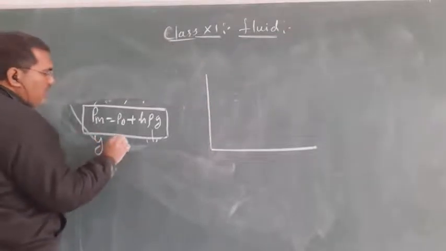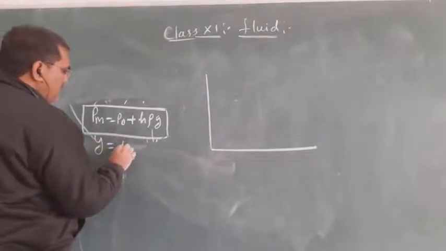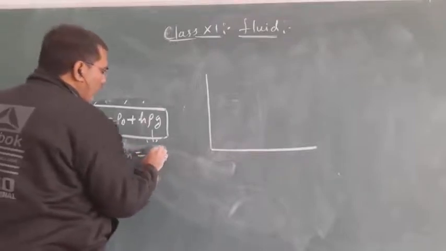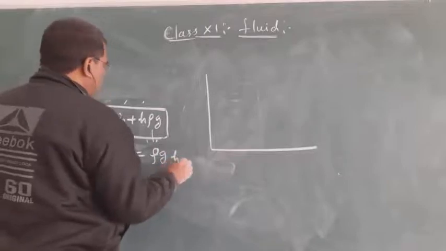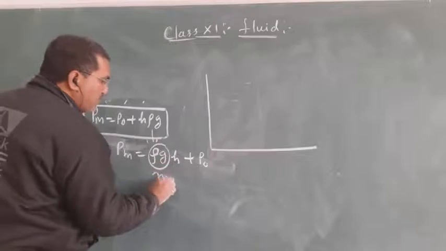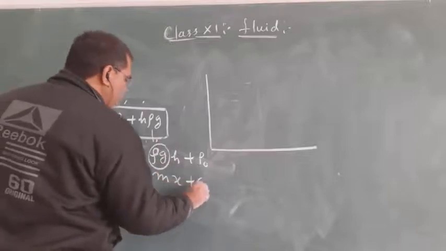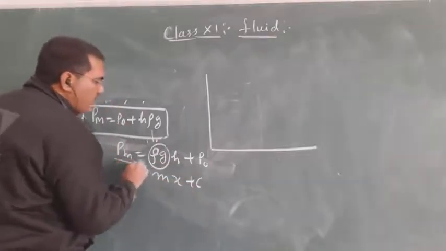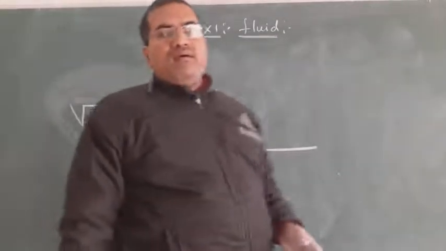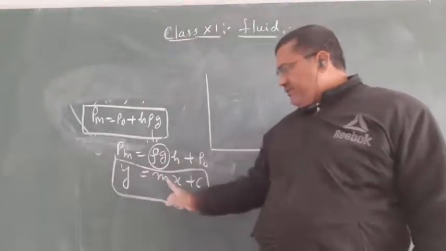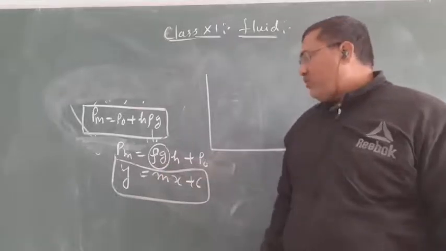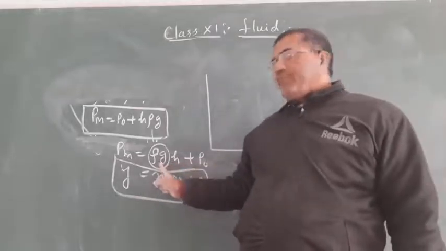Compare y equals mx plus c with PM equals rho g h plus P naught. Here m is rho g, the slope, and c is P naught, the intercept: a positive intercept and a positive slope.